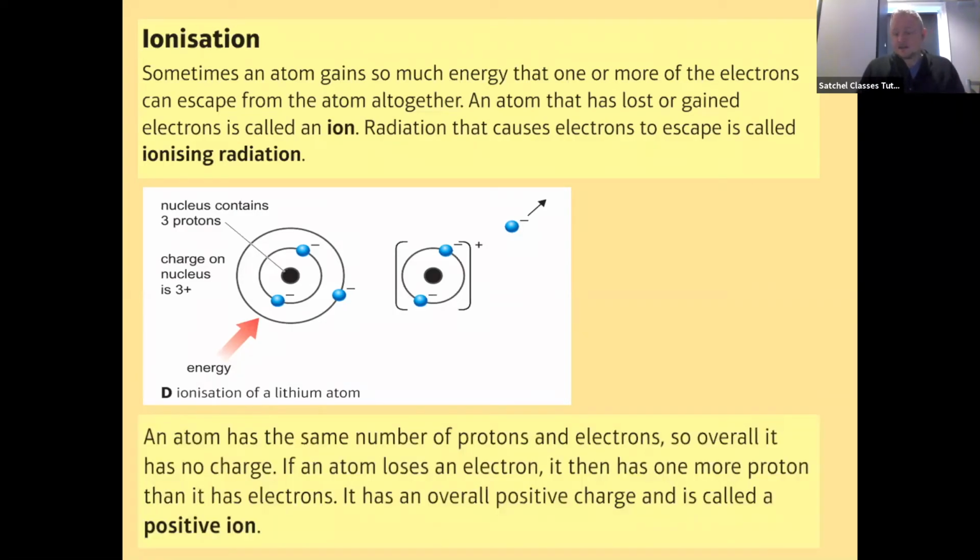An atom has the same number of protons and electrons, so overall it has no charge. If it loses an electron, then it has one more proton than it has electrons, or however many it's lost. It then has an overall positive charge and is called a positive ion.